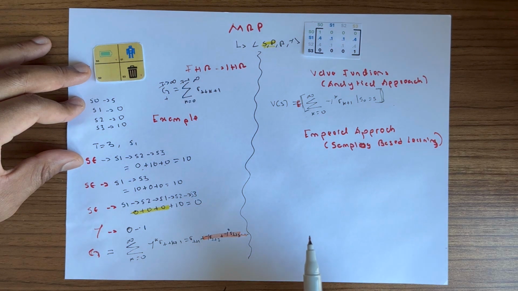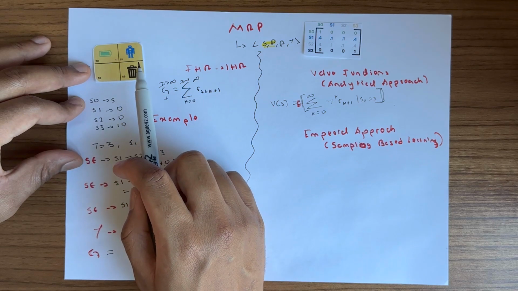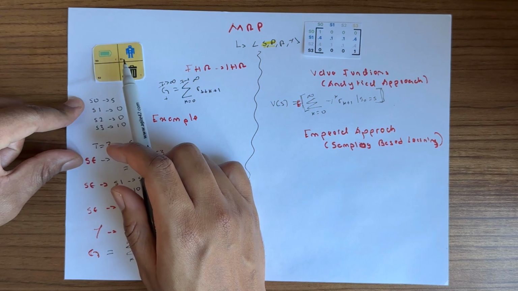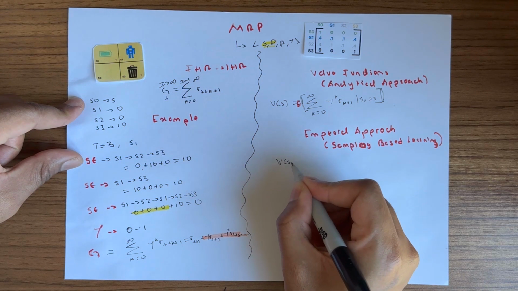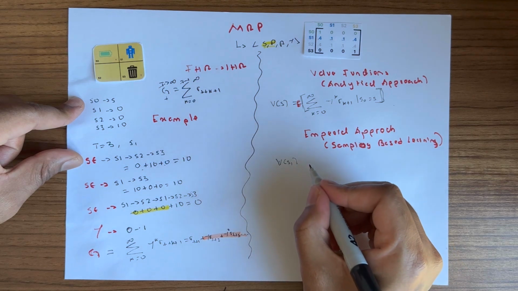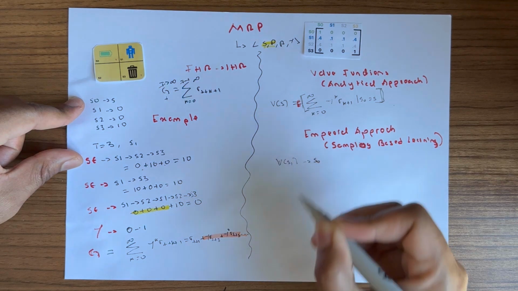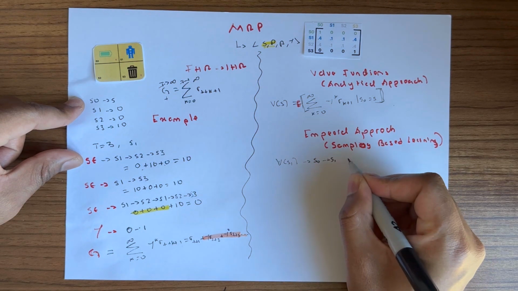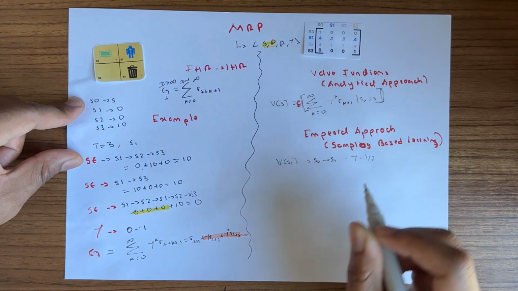What we are going to do is compute the value of S1, V of S1. We are going to start with S1, and I'm going to denote gamma to be 1/2.